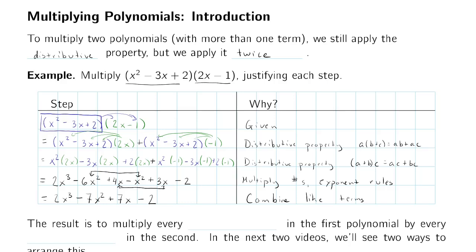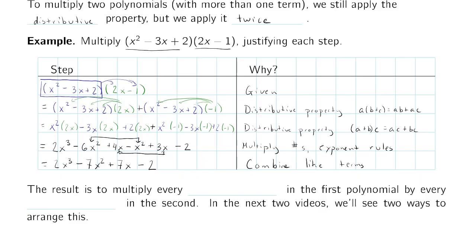So what actually happened here? What actually happened is in this step, notice we have 1, 2, 3, 4, 5, 6 terms. And what we were doing was each term in our first polynomial was multiplied by each term in our second.